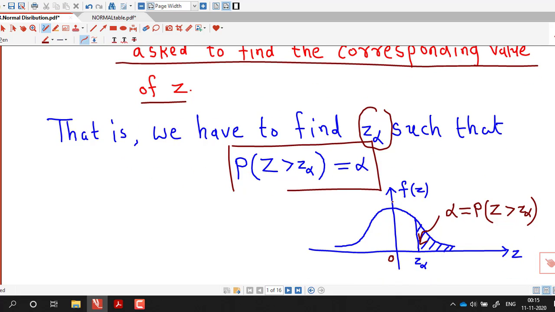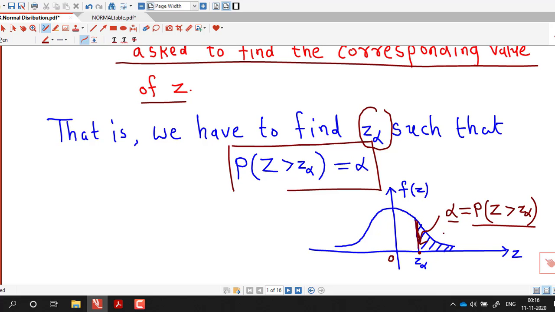Okay, we can see from this standard normal curve the area to the right of z alpha is nothing but alpha. So we are given this value of this area, probability that Z greater than z alpha is nothing but the area to the right of this line.